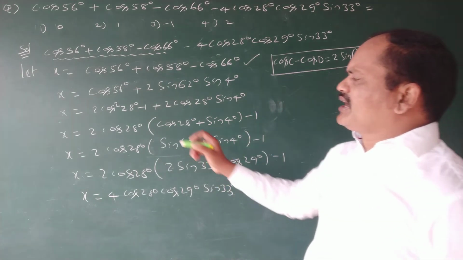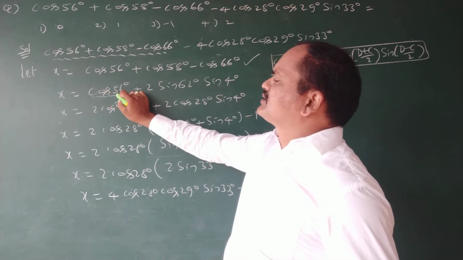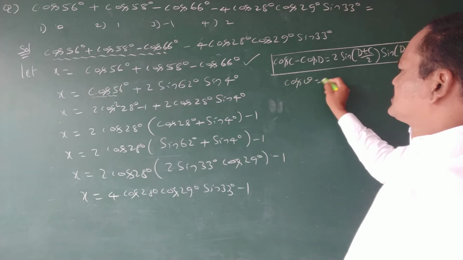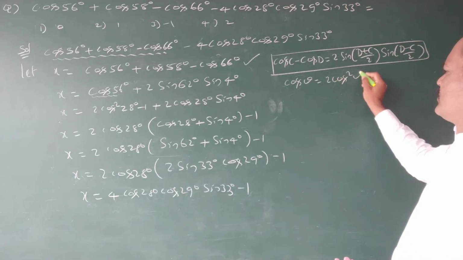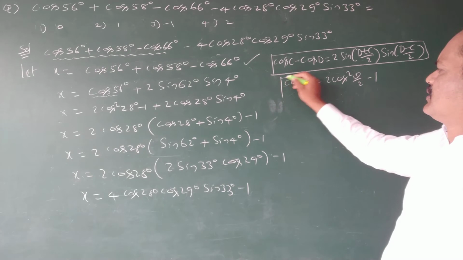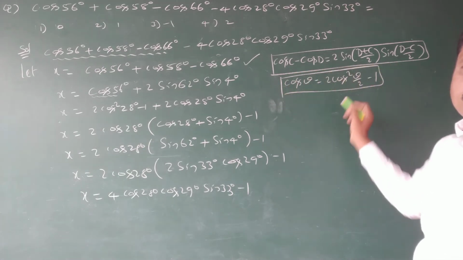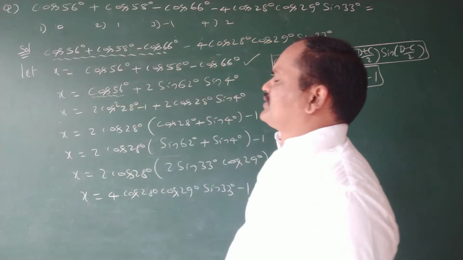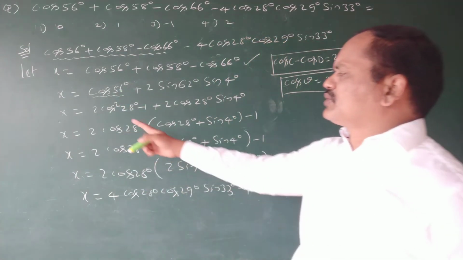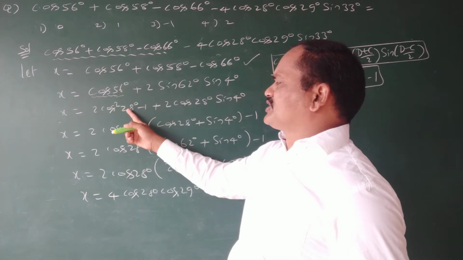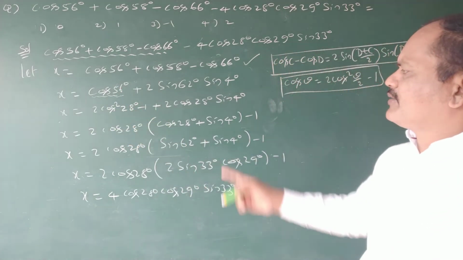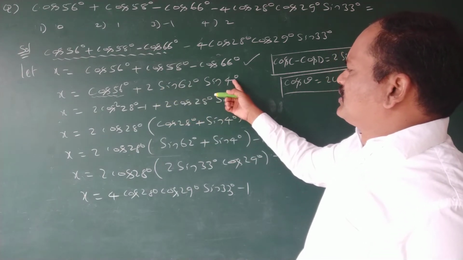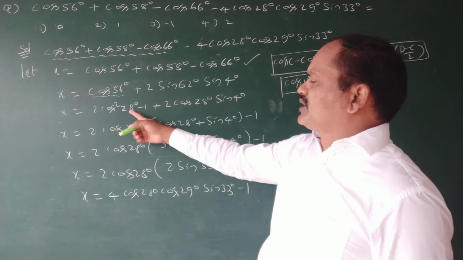Again, this cos theta, we know the formula for cos theta is nothing but 2 cos square(theta by 2) minus 1. In place of theta, here it is 56 degrees. That's why 2 cos square(56 by 2), that is 28, minus 1. And 2 sin 62 sin 4 degrees. Here 28 degrees is there.